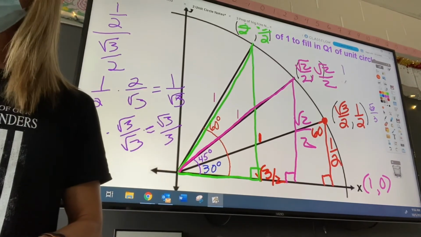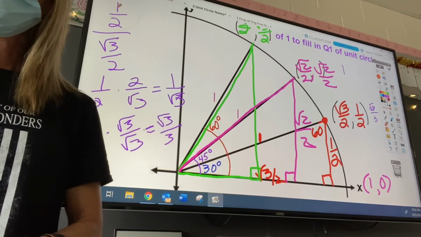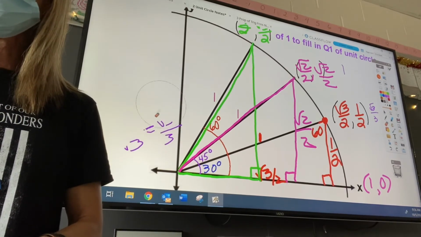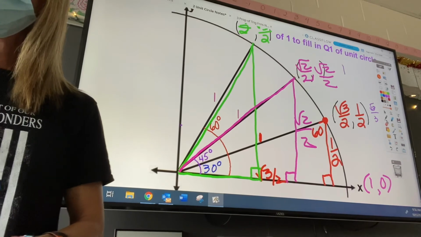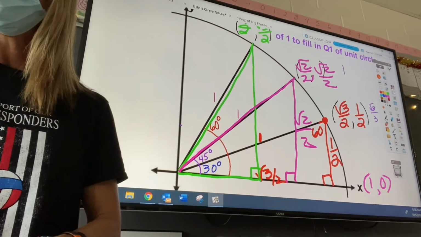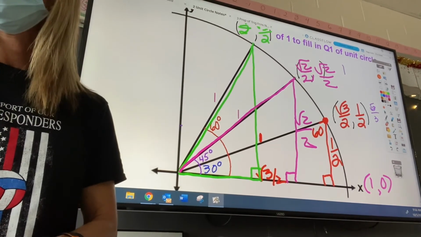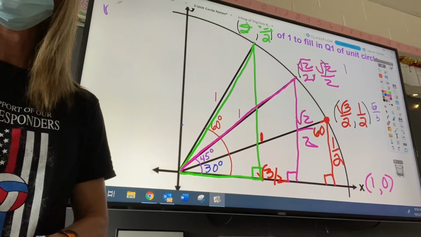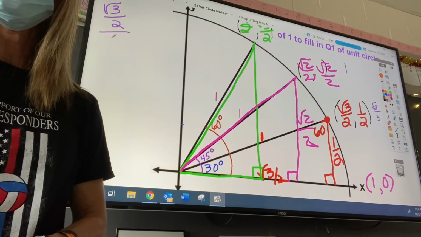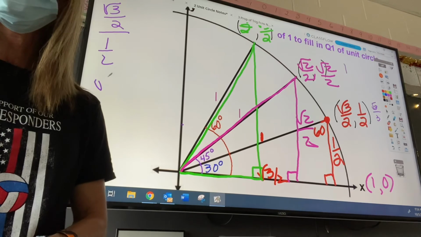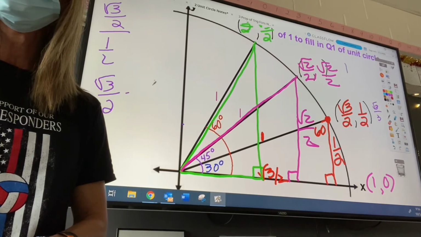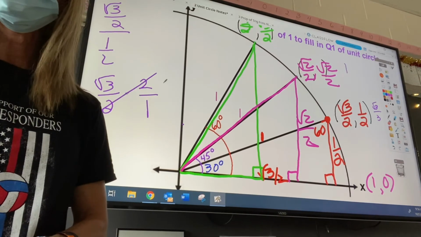Then, the other way, when you divide root 3 over 2 by 1/2, keep change flip, root 3 over 2 times 2 over 1. The 2's cancel, we end up with root 3.